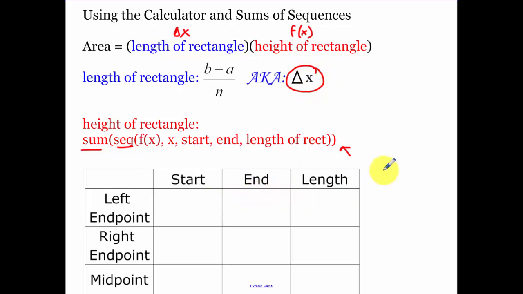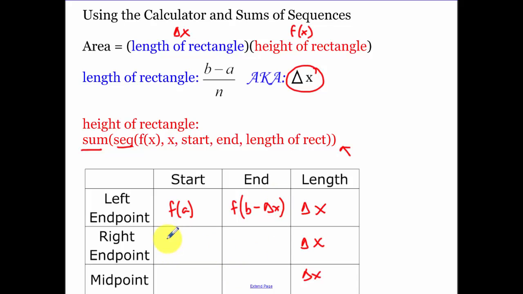Okay, so for left endpoint, we start, if it makes sense, at f of a. The length for each one is delta x, or b minus a over n. We end with a left endpoint. You take your b and you subtract whatever your height was.